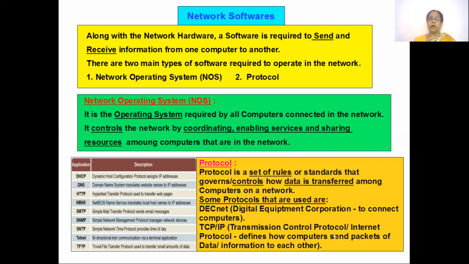Here it defines how computers send their information. They send their information in packets, small packets, little information with many packets, so the data is easy to transfer from one computer to another computer through the internet. So it defines how computers send packets of data information to each other.